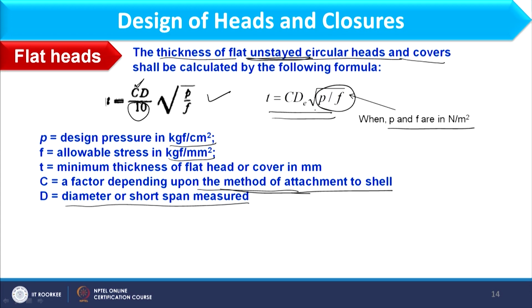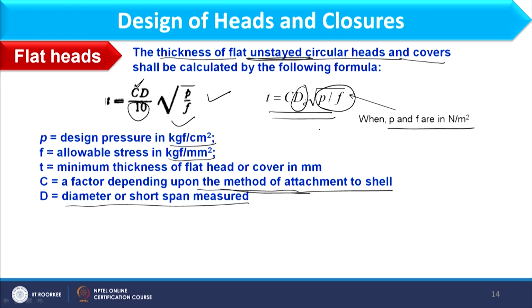So, in books you can find this expression. This expression is available in the IS 2825 1969 code. Okay. So, in the book instead of D, DE is mentioned, where it is called the effective diameter.